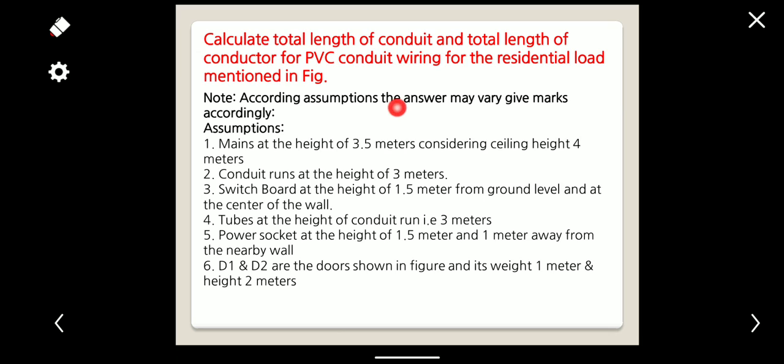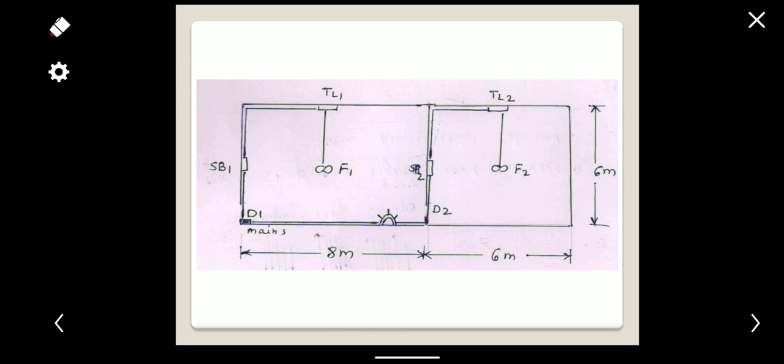Then D1 and D2 are the doors shown in the figure, with width 1 meter and height 2 meters.